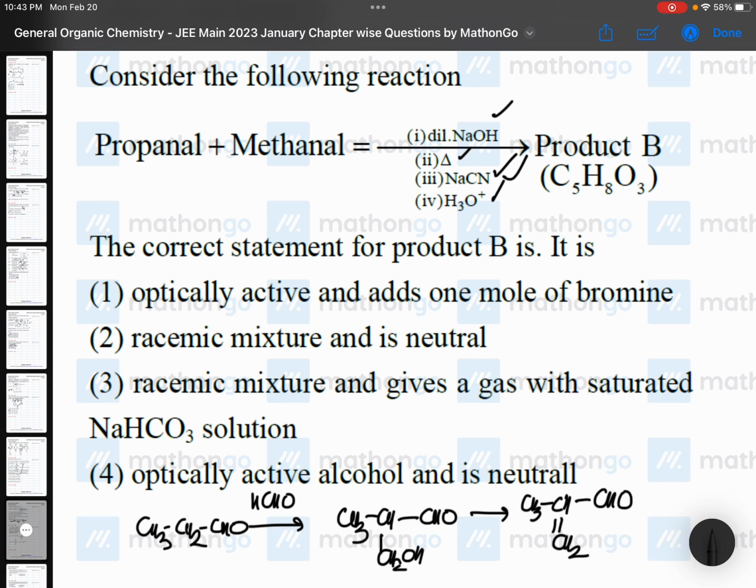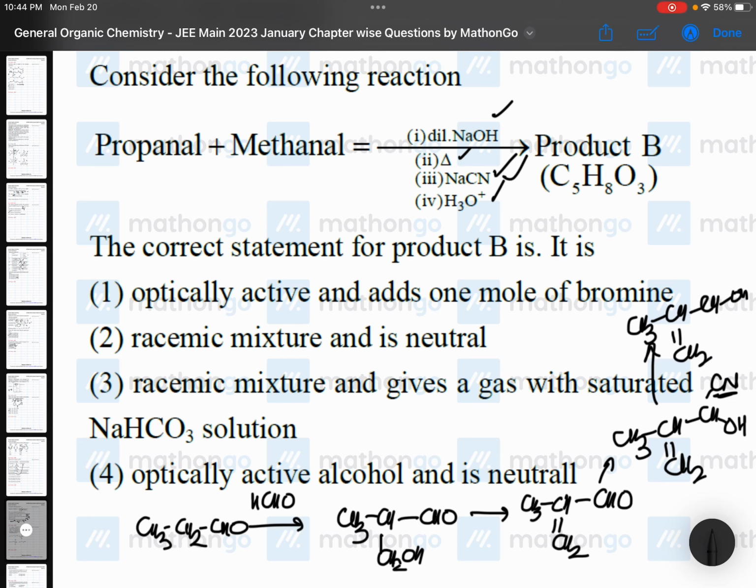On this, sodium cyanide is added, so this will turn into CH3CH=CH2CN, and this is then hydrolysed. On hydrolysis, the CN will become COOH. So your product is CH3CH=CH2CH(OH)COOH.